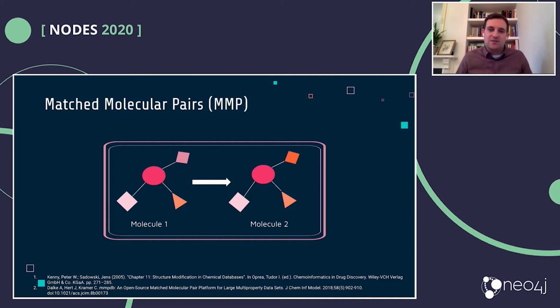And this data we can then store as an edge in our database. So we can say, when I go from fragment pink to fragment orange, I get a change of 10% in solubility on average, no matter what core it is.